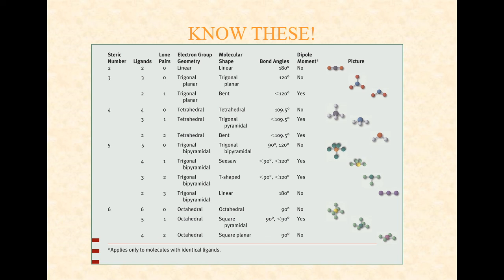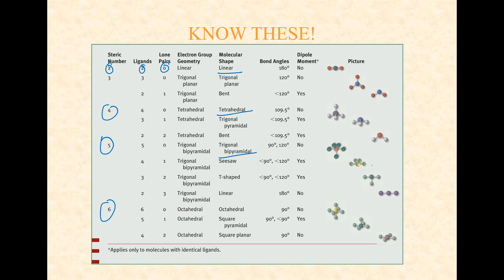Okay, so you have a table that you have to memorize in view of the shapes of the molecules. For example, with 2 ligands and no lone pair, it will be linear. 4, it will be tetrahedral. 5, trigonal bipyramid.